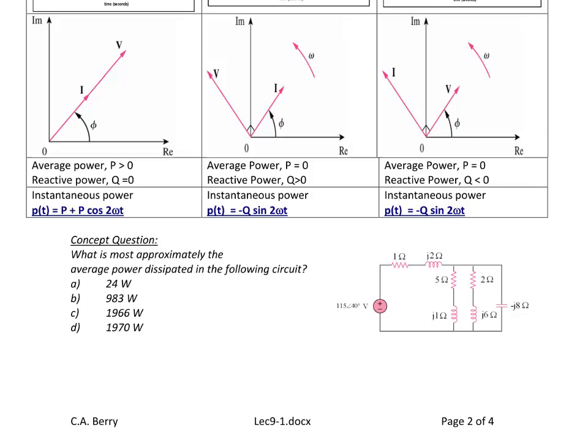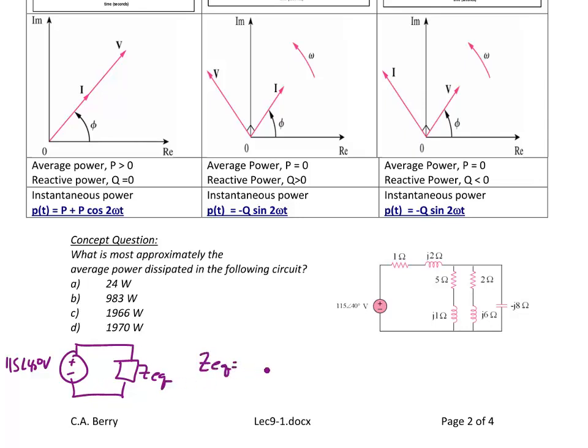Okay, let's try an example. For the following circuit, what is most approximately the average power dissipated in the load? The easiest way to do this problem is to actually combine these impedances to redraw this as a voltage source, 115 with an angle of 40 degrees, and the units are volts, in parallel with an impedance ZEQ.